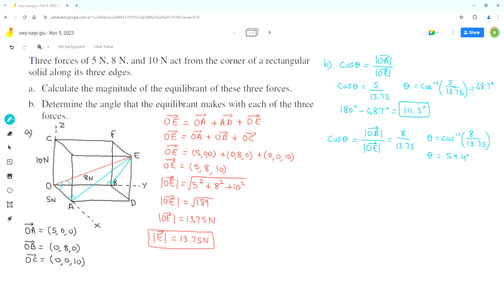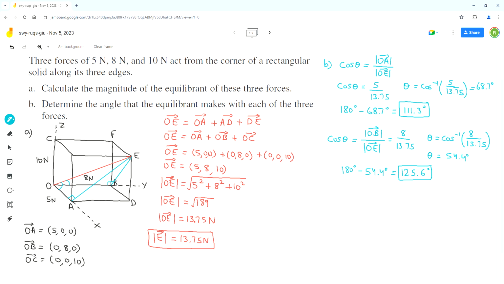So to find the angle between the equilibrant and the 8 Newton force, we have to subtract 54.4 degrees from 180 degrees. So I got 125.6 degrees. So this should be the final answer for the angle between the equilibrant and the 8 Newton force acting along the edge OB.